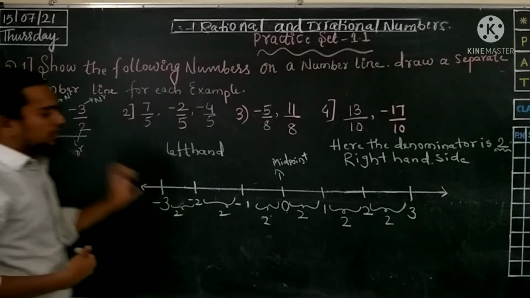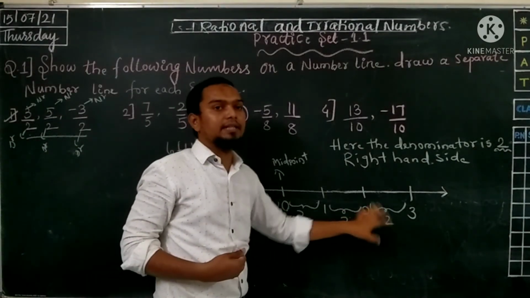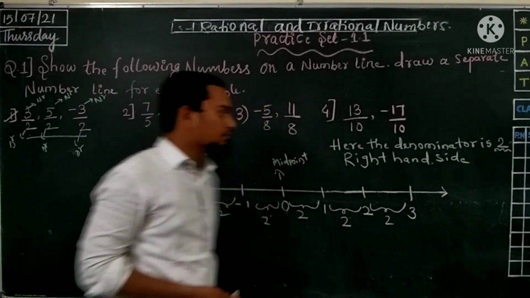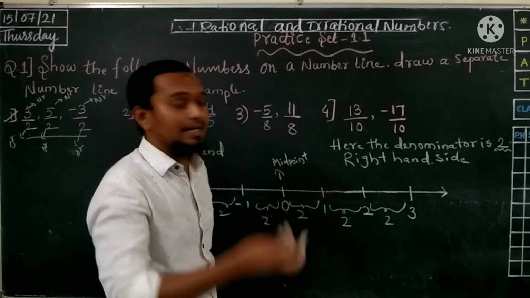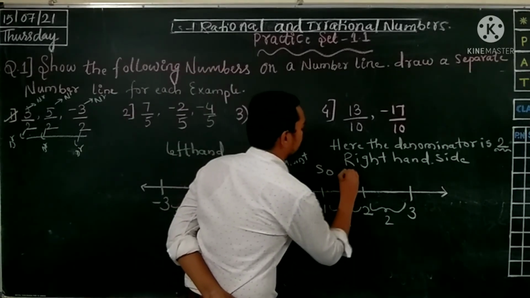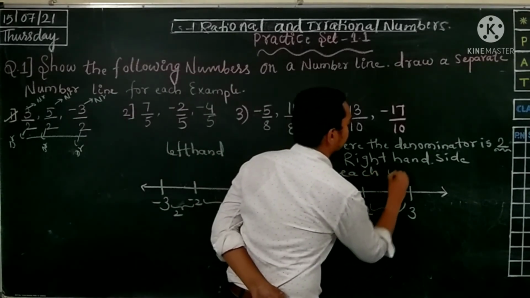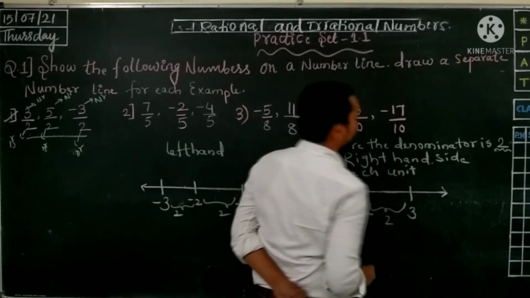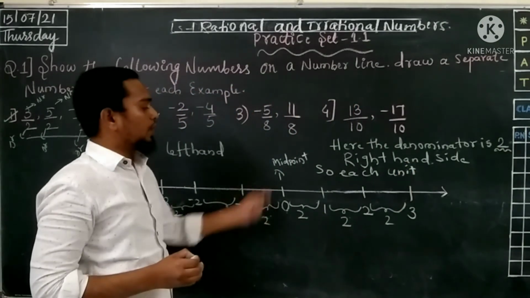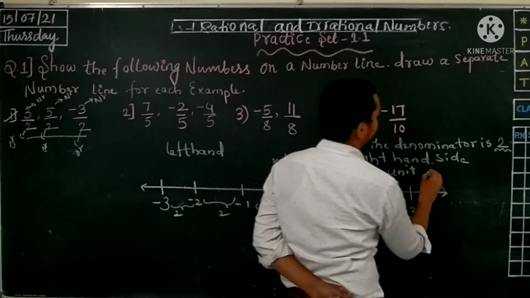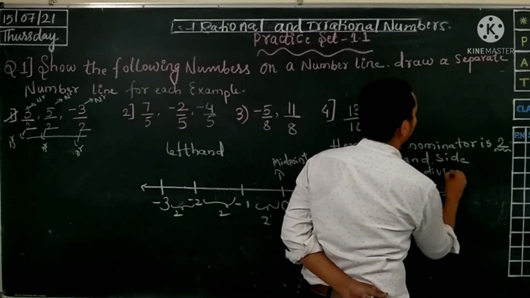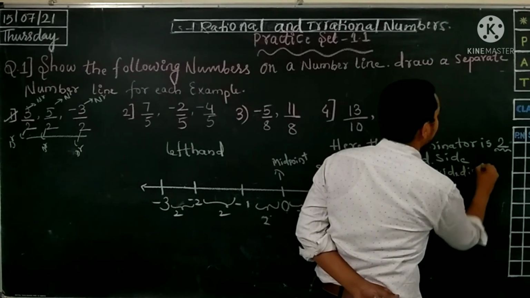That means the difference between every number is 2, so each unit is divided into two parts.